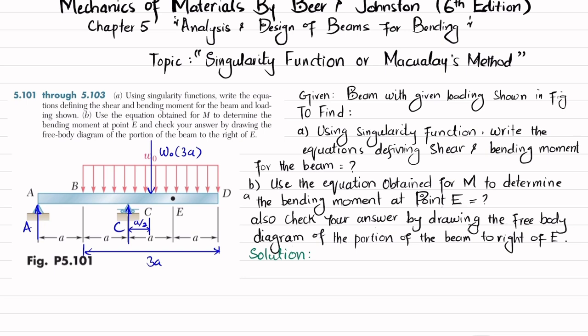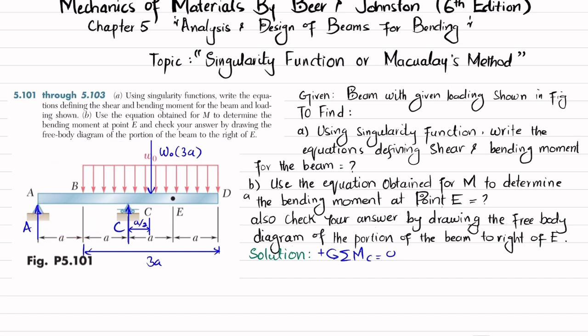Now we can apply the equations of equilibrium. The first equation of equilibrium is that the sum of all moments about point C is equal to 0, taking the counterclockwise moment as positive. So about point C, the first moment is this A force and the perpendicular distance is 2a, and it is producing a clockwise moment, so I will take it as negative.